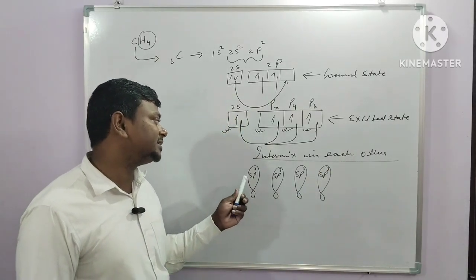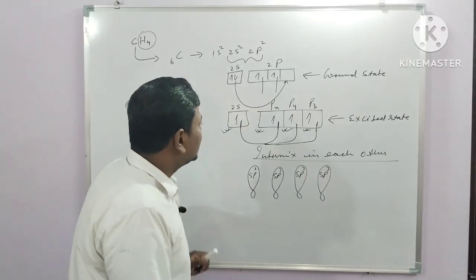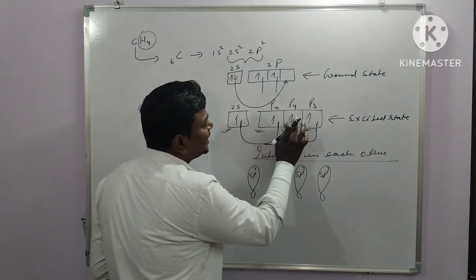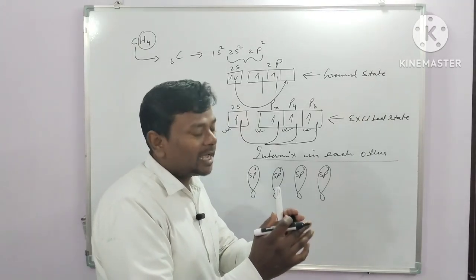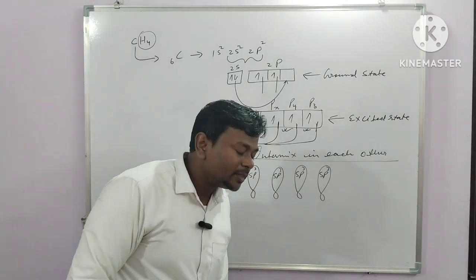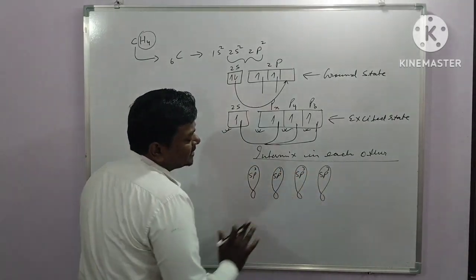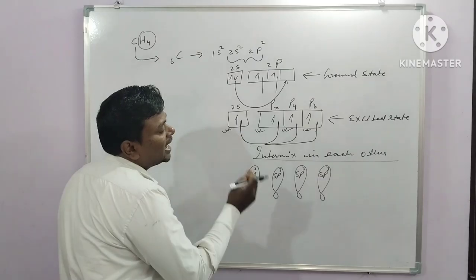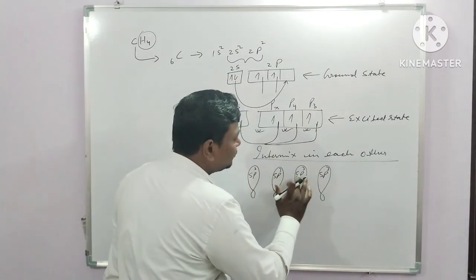And why am I saying sp3? Because there is one s orbital and 3 p orbitals which are intermixing with each other, and they are forming this new type of orbital. Okay, so they look the same, they have the same size and the same properties, all these 4 bonds.